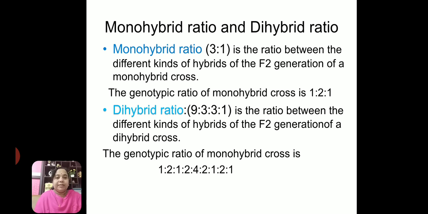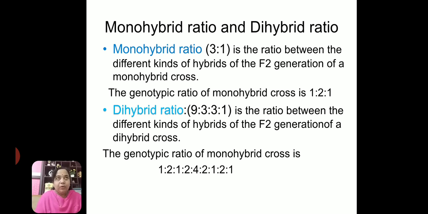Another two terms: monohybrid ratio and dihybrid ratio. You already studied these in lower classes. The monohybrid ratio you have memorized as 3:1. It is the ratio between different kinds of hybrids of the F2 generation.